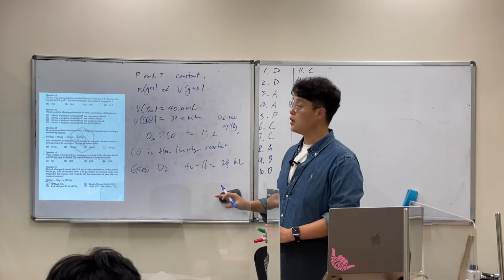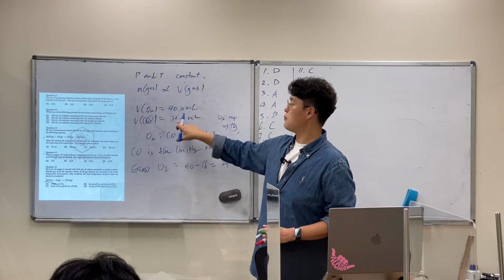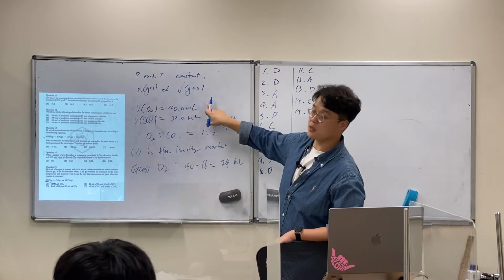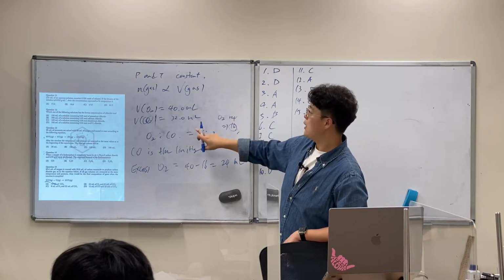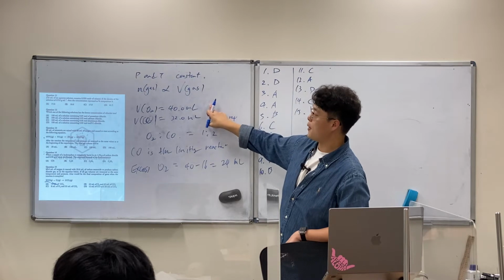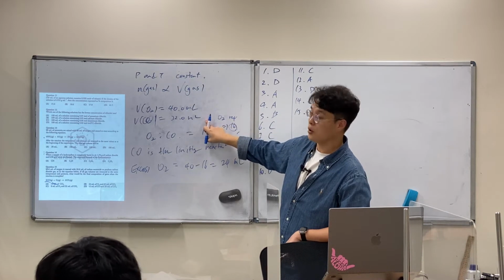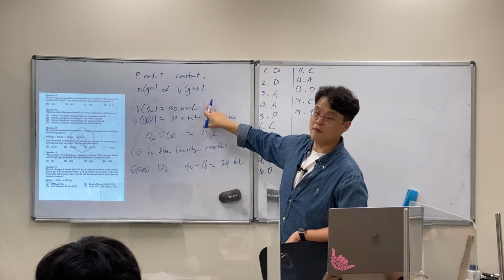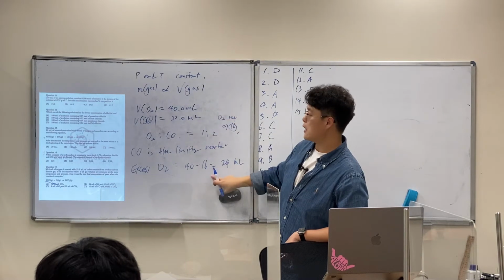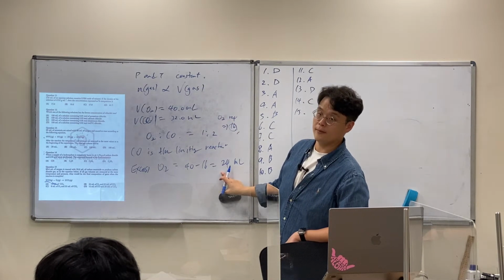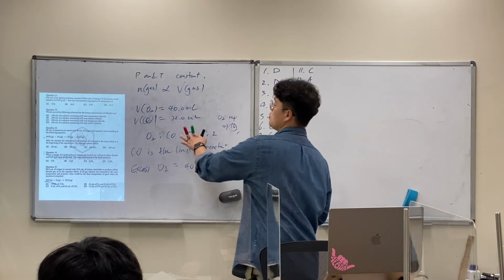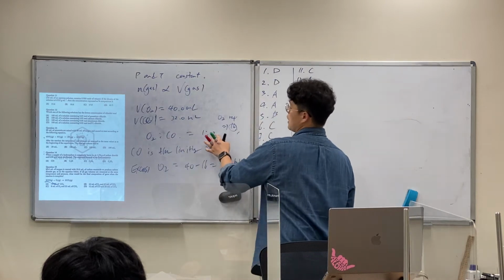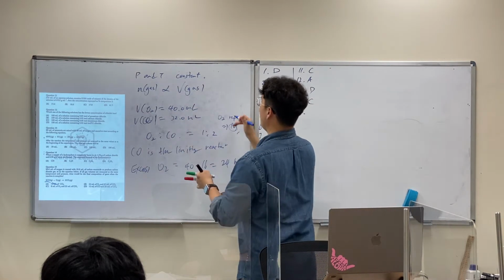We have too much O2 compared to CO according to the reaction ratio, which means it will be left over. If we have 32 mL of CO, using the reaction ratio, 16 mL of O2 is required.